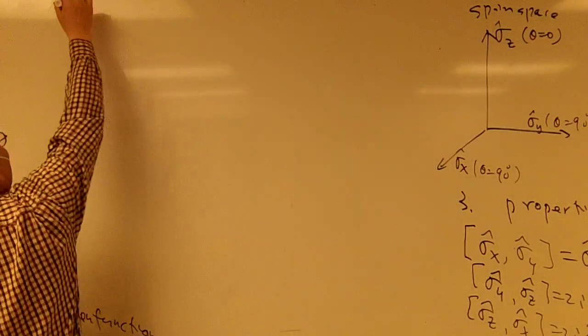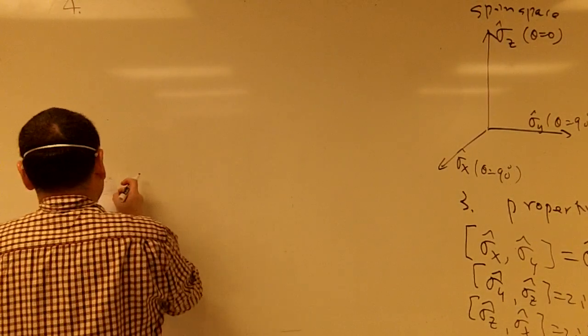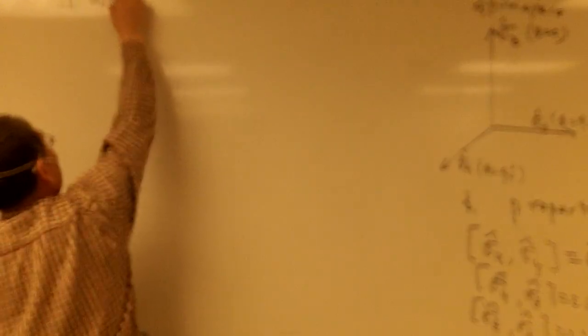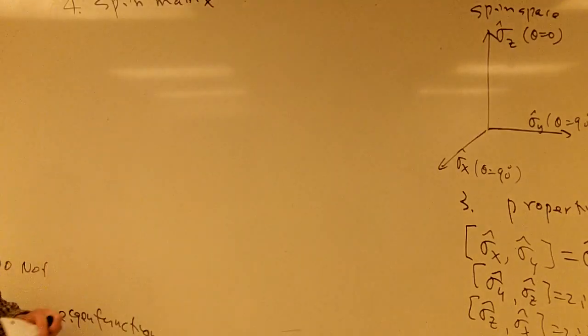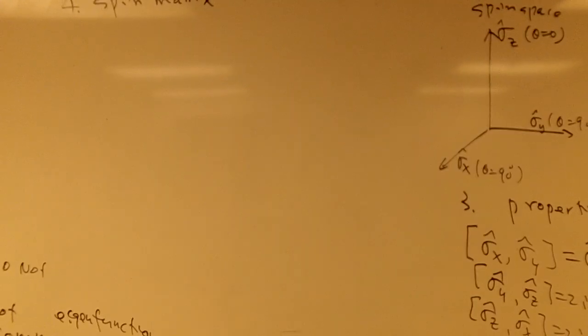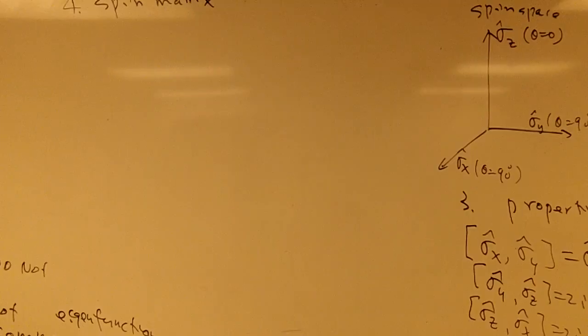So this is my item number 4, which we call the spin matrix. The Pauli matrix has no unit, it's just 1, 2. But now we need to attach the physics into that.